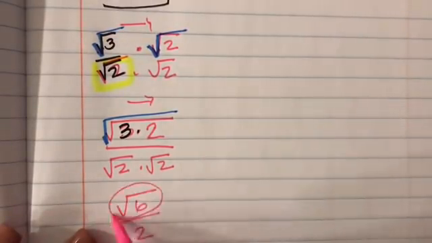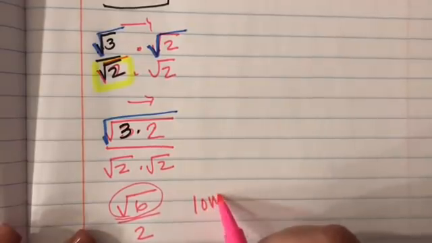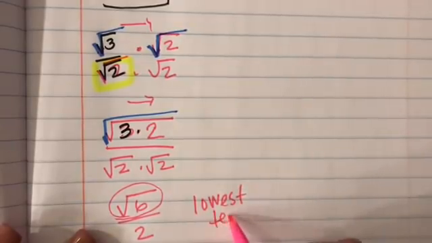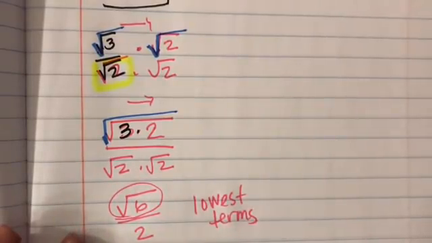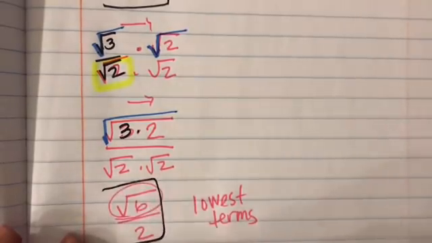This right here is its term on its own, so this is already in lowest terms. And this is our solution. So that was example 2.